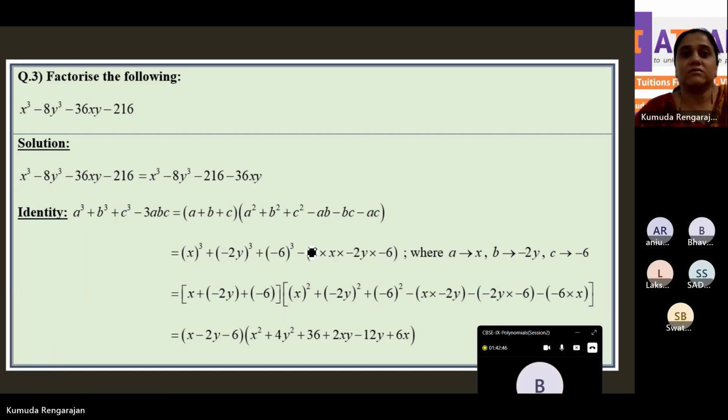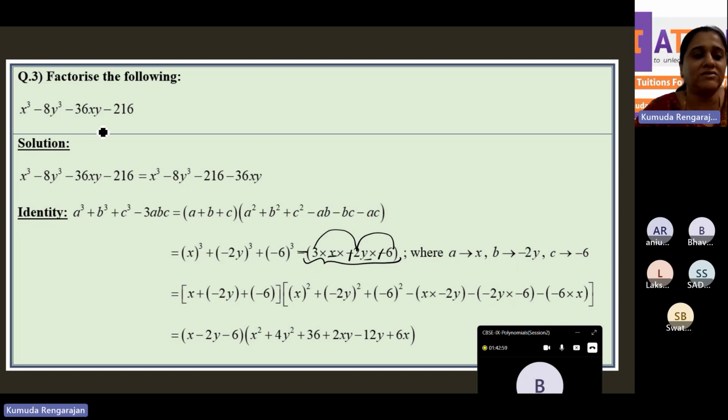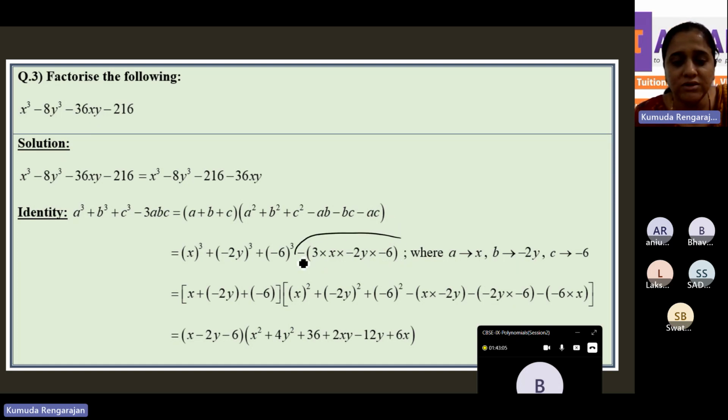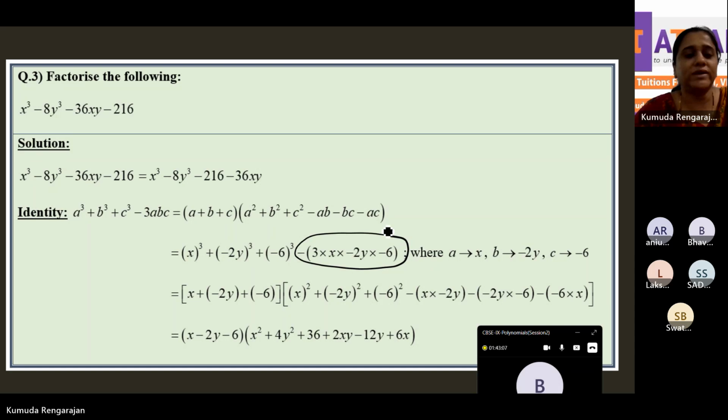Now you can multiply and change this. What is this? 3 into 6 into 6 is 36. 36 xy, and then there's a minus outside, so minus 36 xy. To simplify these terms, children, you simplify all this, and you will get this term minus 36 xy.